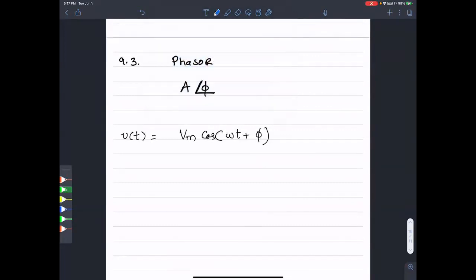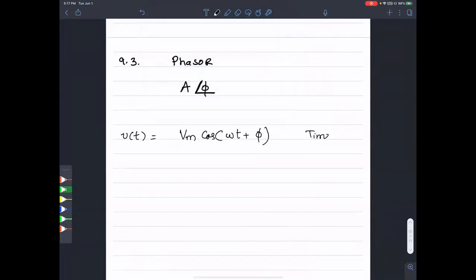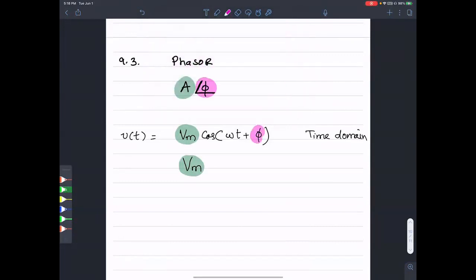So this is the time domain expression. Then there is the phasor form, which is simply a collection of the amplitude and the phase.